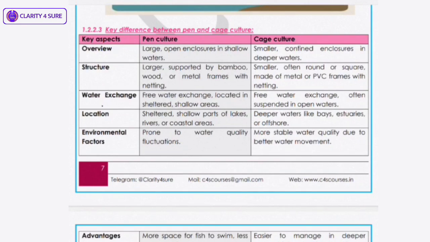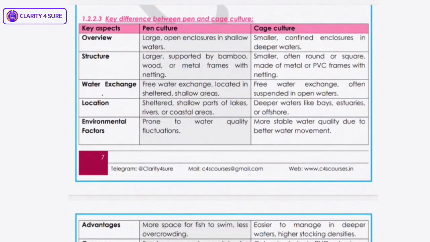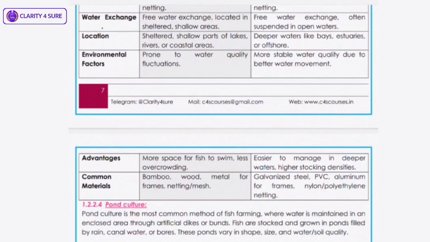Water exchange. In case of pen culture there is free water exchange, and in case of cage culture also. Location. Pen culture is located in shallow parts of lakes and cage culture is located in deeper waters like bays, estuaries or offshore. Environmental factors. In pen culture it is prone to water quality fluctuations, and in cage culture it is more stable due to better water movement.